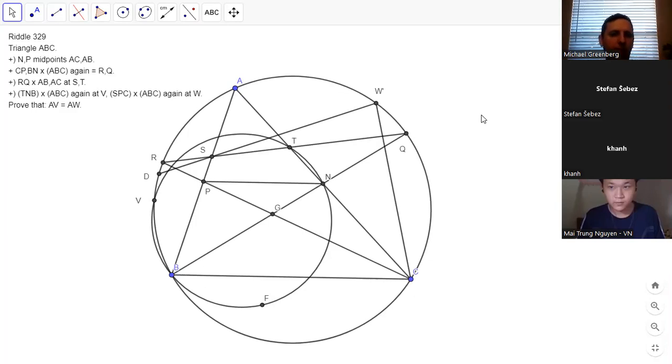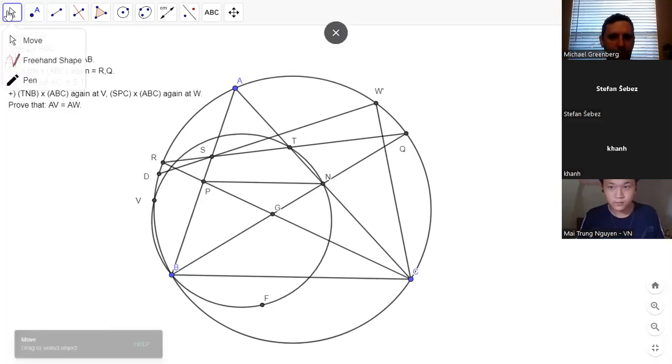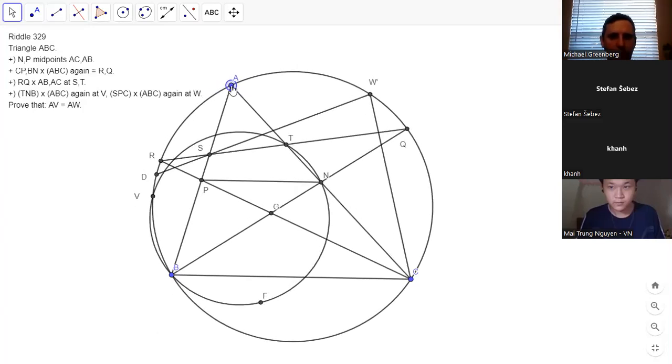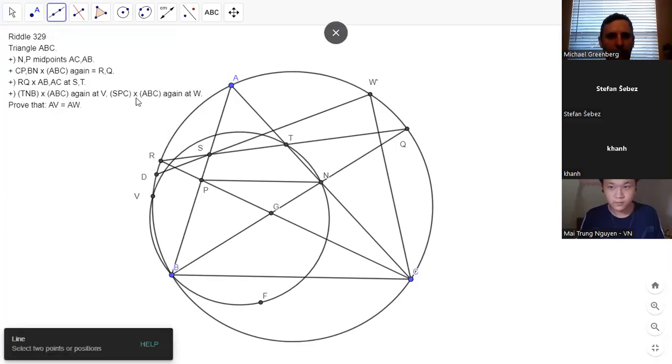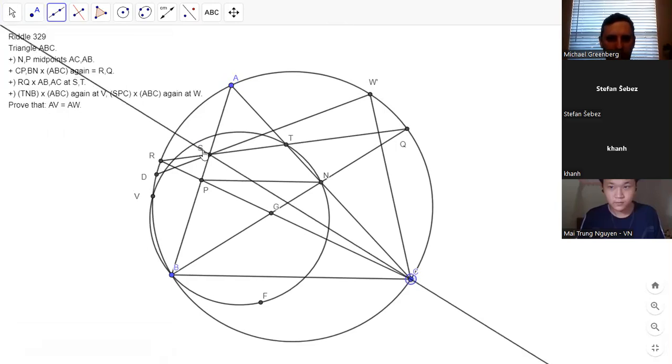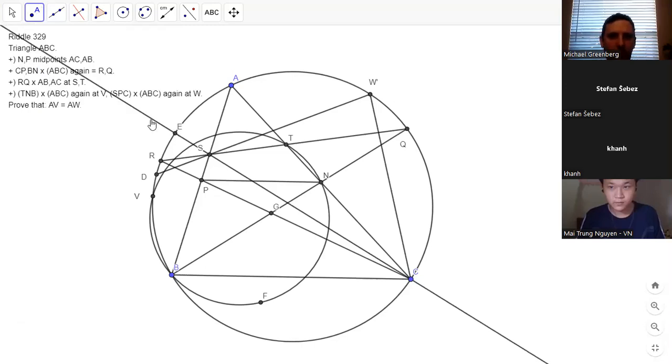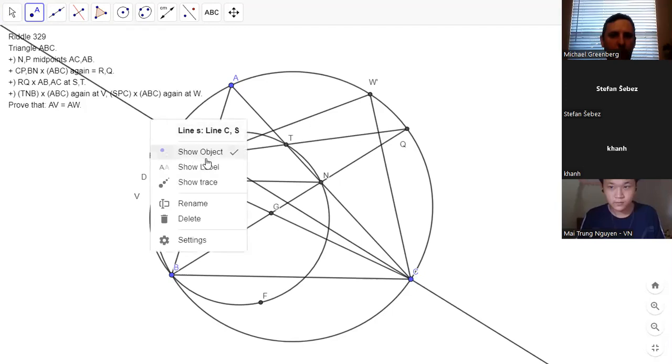So yeah, we want to show ADBC is harmonic. And can we project through point S? So ADBC, if we project through S, A and B get swapped, D goes to W prime, and C would go to some other point. So then we could try to show that's harmonic. So AEBW we want to show as harmonic.